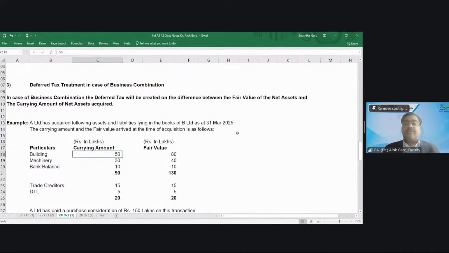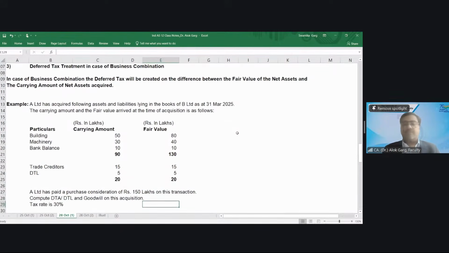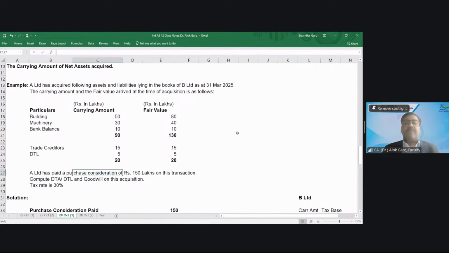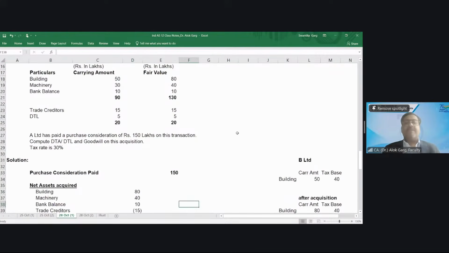So this building, which was 50 lakh, is valued at 80 lakh; machinery, which was 30 lakh, is valued at 40 lakh; cash and bank the same value, the creditor the same value, the deferred tax liability the same value. A Limited has paid a purchase consideration of rupees 150 lakhs. Compute deferred tax asset and deferred tax liability and goodwill on this acquisition. Tax rate is 30%.